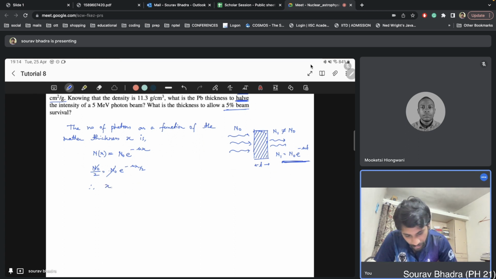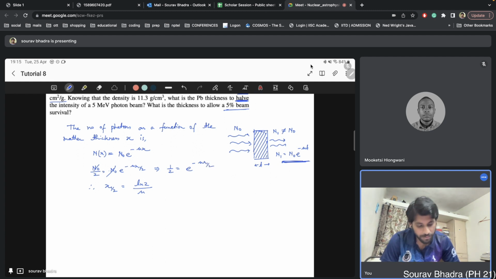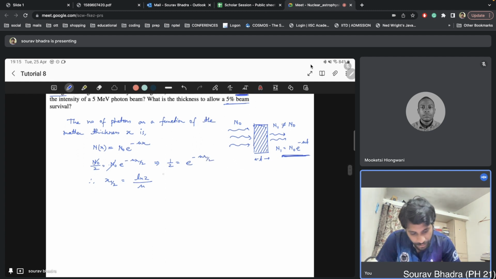So we can calculate the x half as ln2 by mu. Just take the log from both sides and you will reach this particular expression. So this was half is equal to e to the power minus mu x half, then take natural log on both sides, and this will be your answer, 17.33 gram per centimeter square.